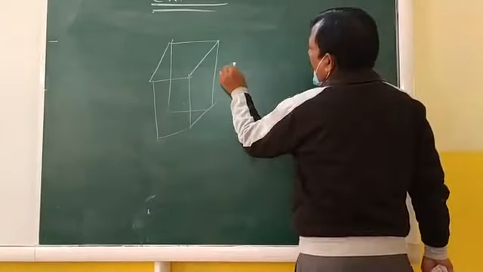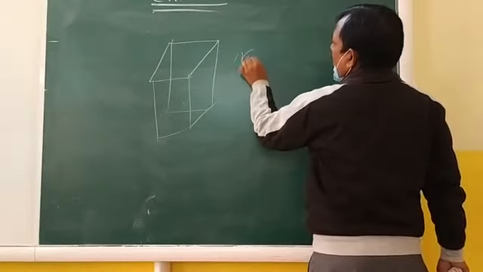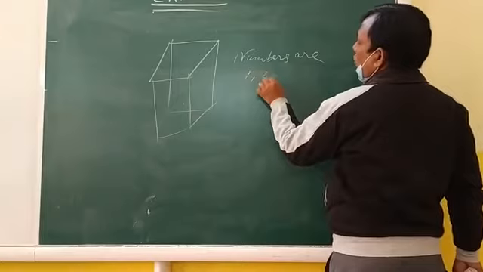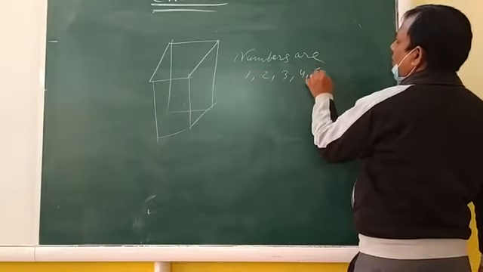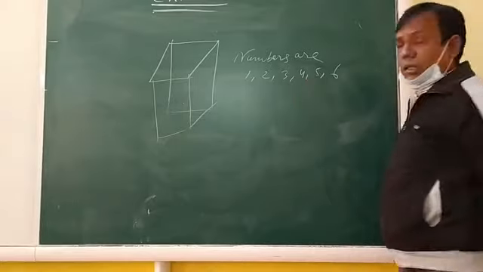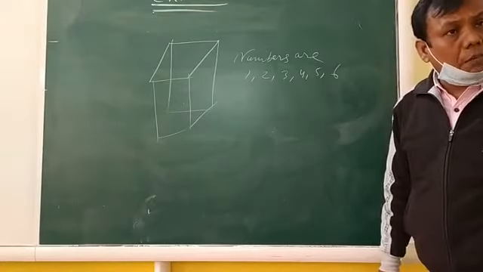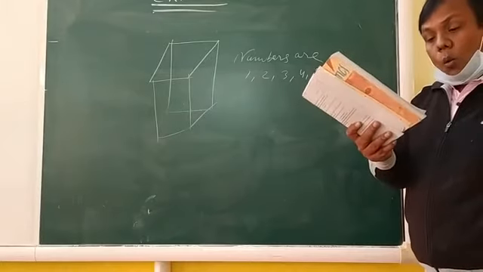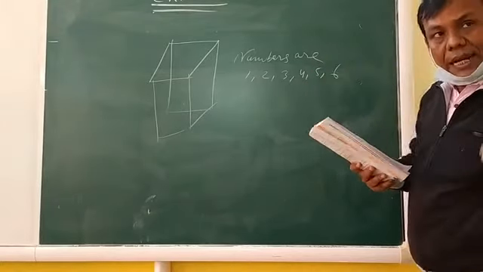So numbers are there. What are the numbers? Numbers are 1, 2, 3, 4, 5, 6. But out of these 6 numbers, some are green, some are red. See, in question it is written that a die marked 1, 2, 3 in red, right?